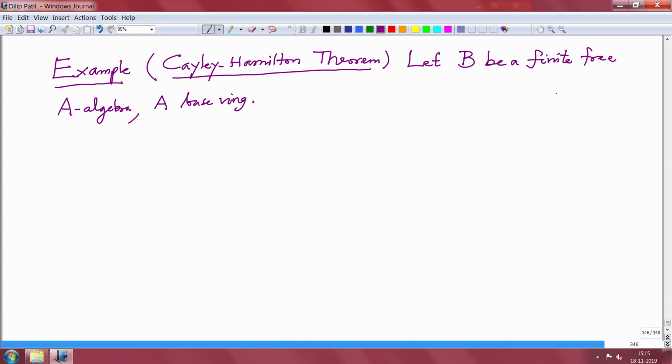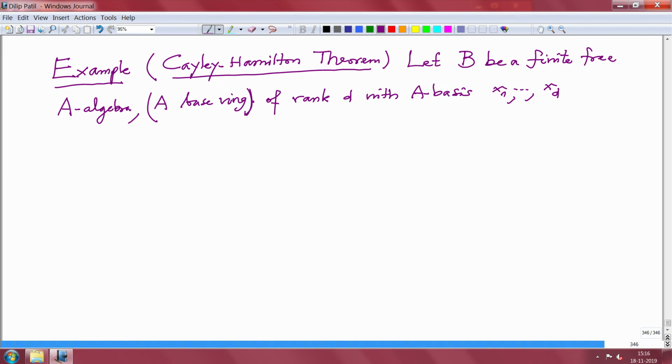So I would put this in brackets: a finite free algebra of rank d with basis x1 to xd. As I said, this B is a finitely generated free module of rank d, and this is the basis.